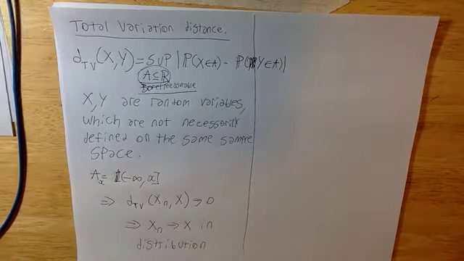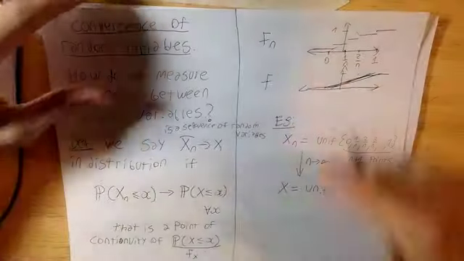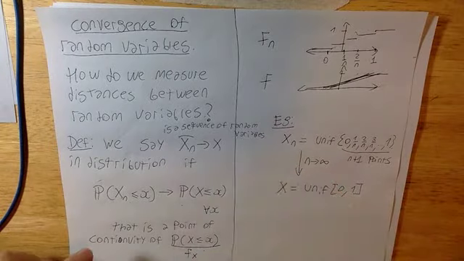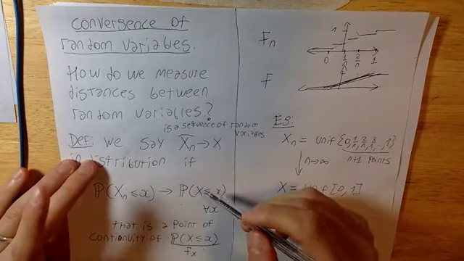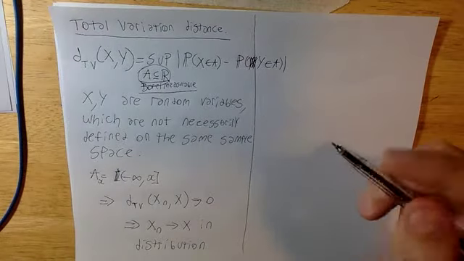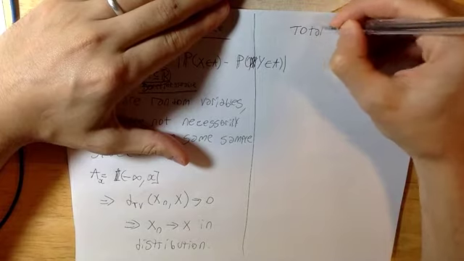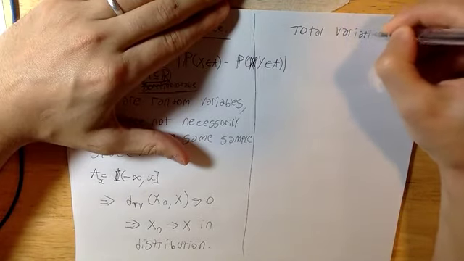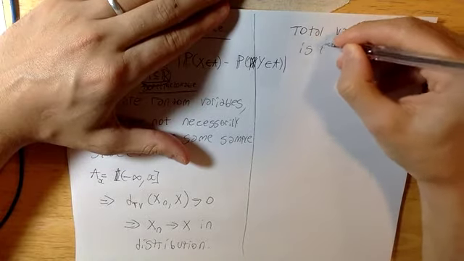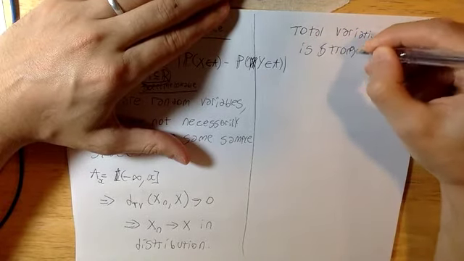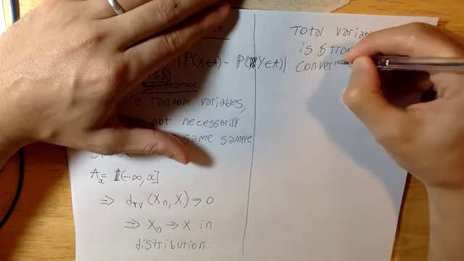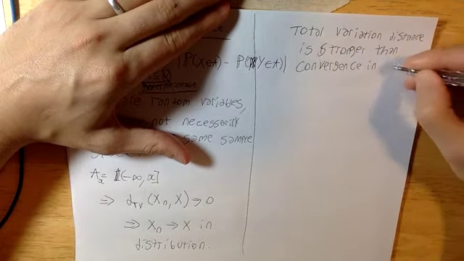Okay, so here we were asking that this is continuity points for these points x. This is the sort of minimal requirement that we can ask for convergence. Total variation distance is a bit stronger. Okay, so total variation distance is stronger than convergence in distribution.